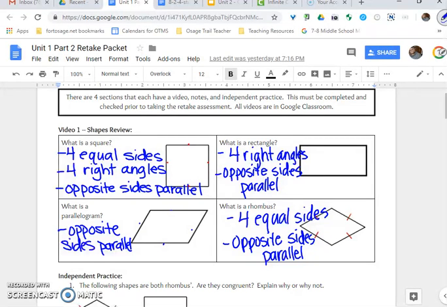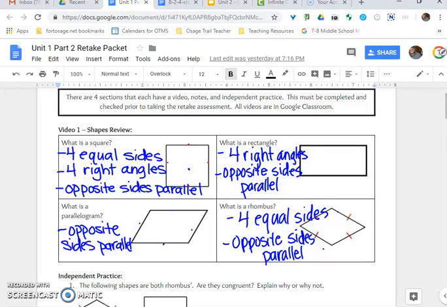So if those are the only two things that would make a shape a rhombus, would a square be a rhombus? Yeah, because a square has four equal sides, and it has opposite sides that are parallel. So know that some of these shapes can take on more than one name based on their characteristics.